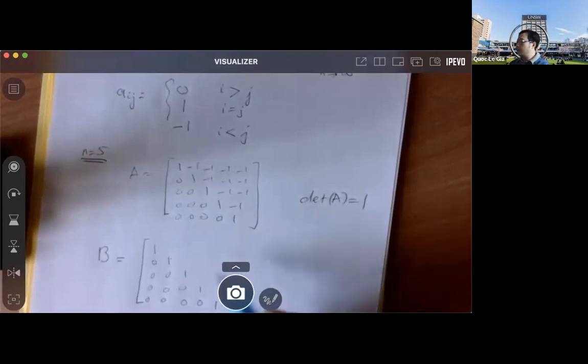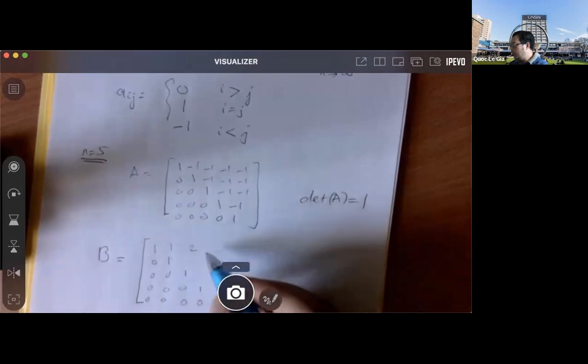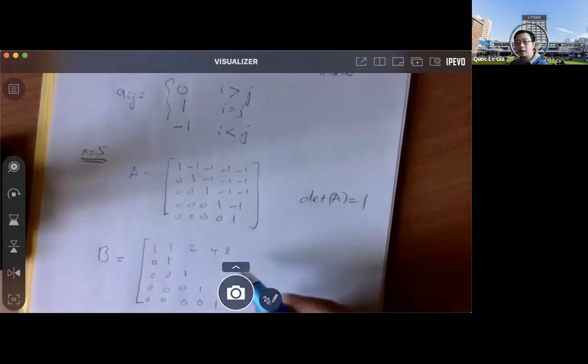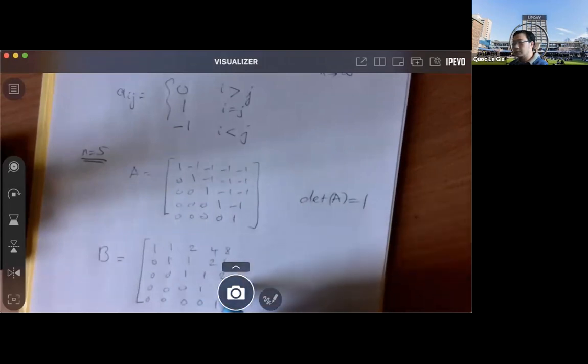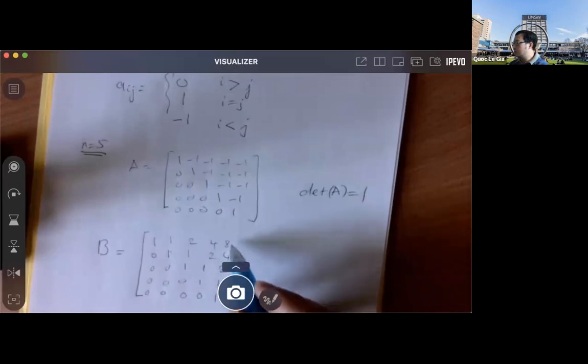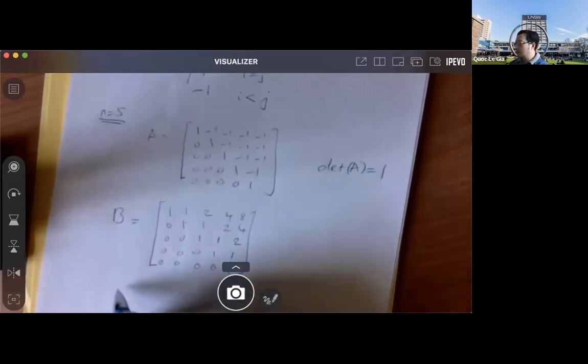But now the upper diagonal. This one is like 1, 2, 4, 8. So it's just a geometric sequence. So the Bij is defined to be like this.